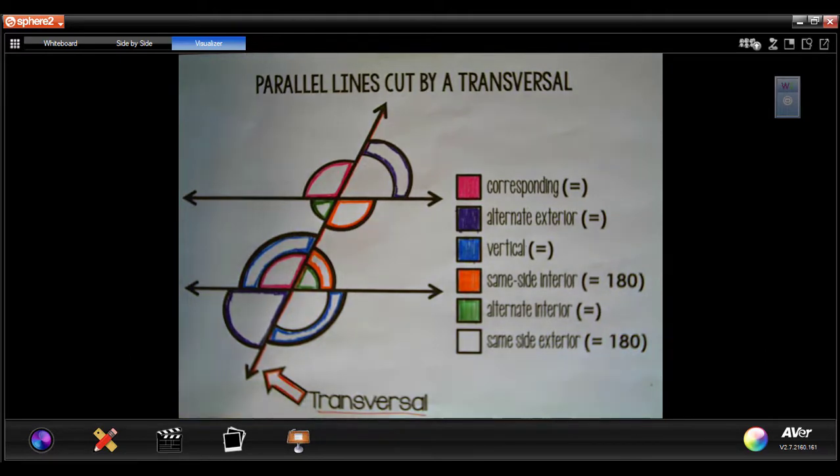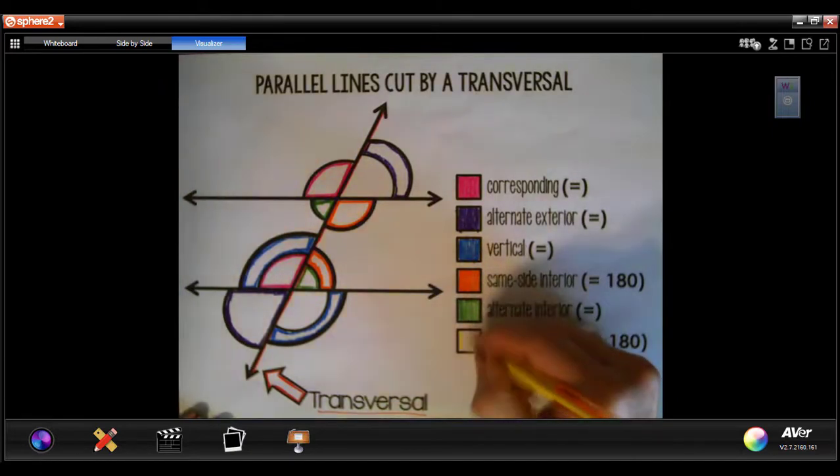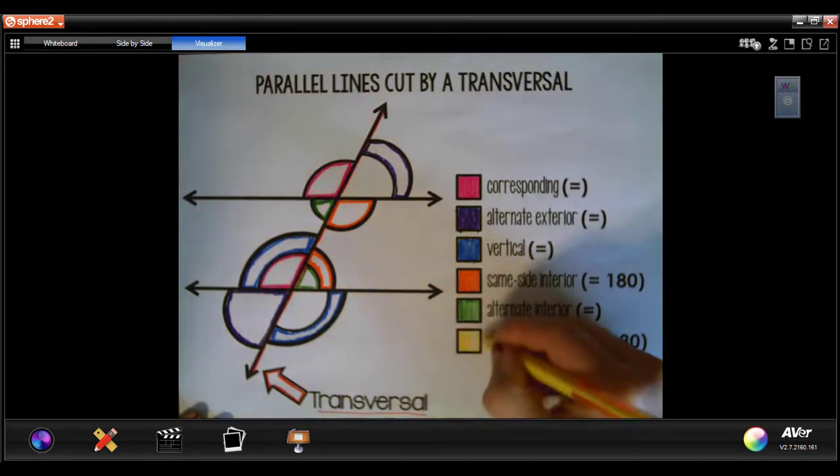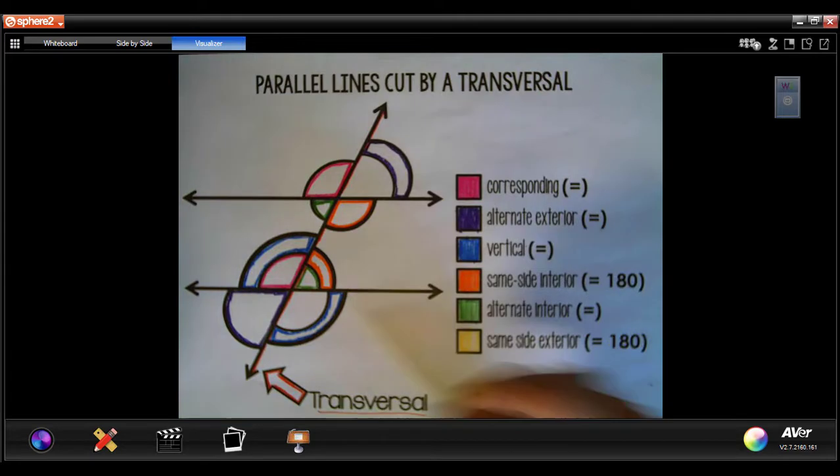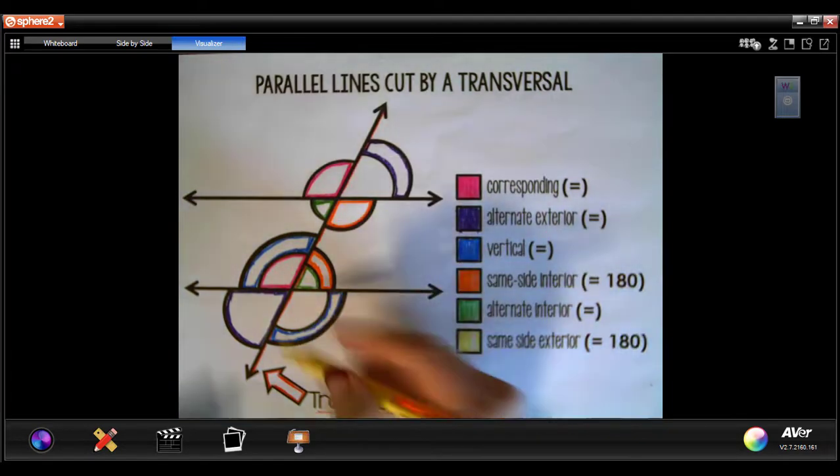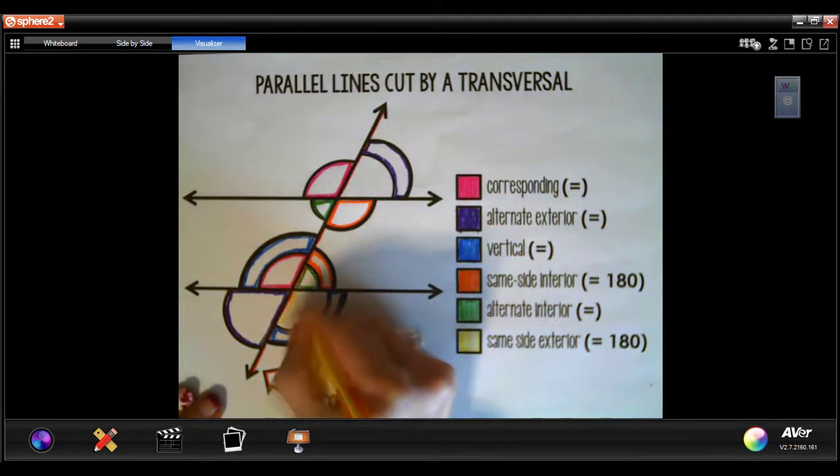Okay, last angle, same side exterior. Okay, so what haven't we colored yet? And I need to use yellow. And I haven't colored in these 2. Okay, so I hope this shows up okay. But this is going to be yellow.